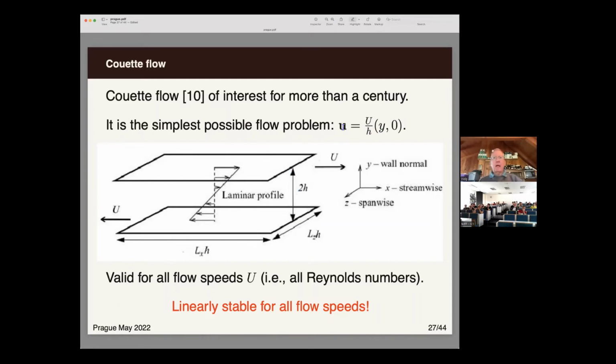So we take that, and this, it turns out, is a solution of the Navier-Stokes equations for all speeds u, all Reynolds numbers. So you can check that out. That's a good exercise to make sure you believe that is a solution of the Navier-Stokes equations if you haven't done that before. And then you can read that paper to see that, in fact, it is linearly stable for all speeds. Okay, so that's Couette flow.